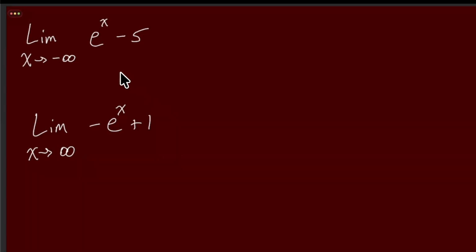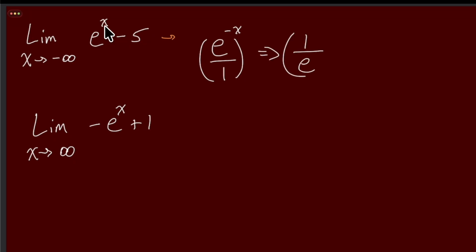For this limit, we see that x is going towards negative infinity, which means the inputs into x are going to be negative. So if we have e to a negative number, we can look at e as e over 1, and then we could flip the fraction and then change the sign of the exponent.